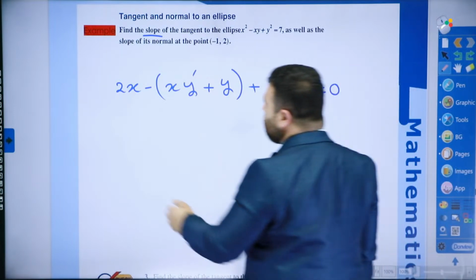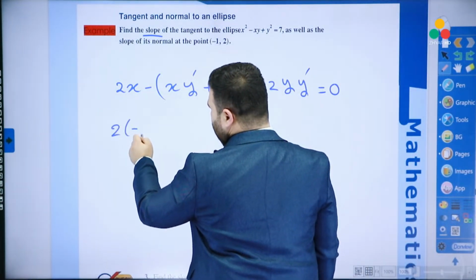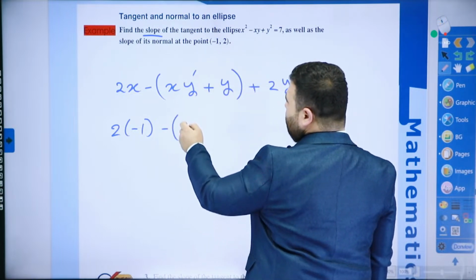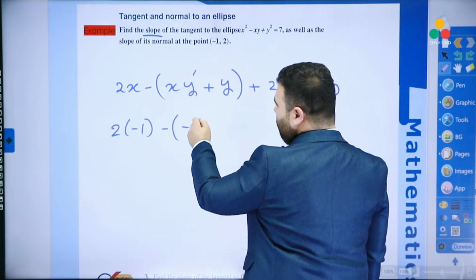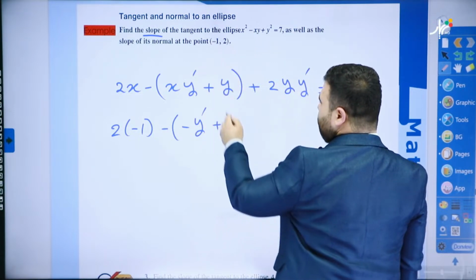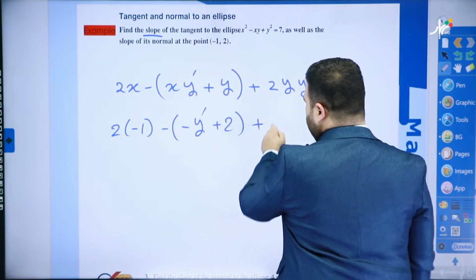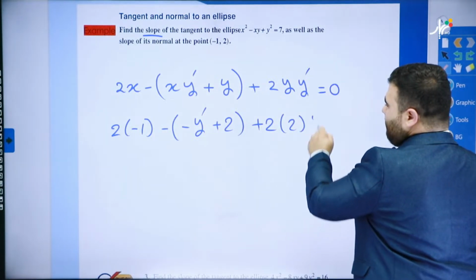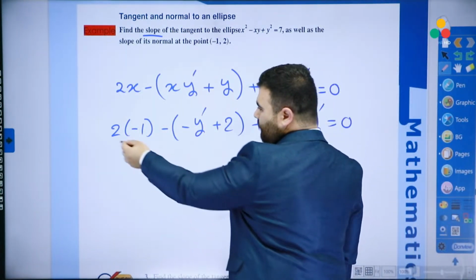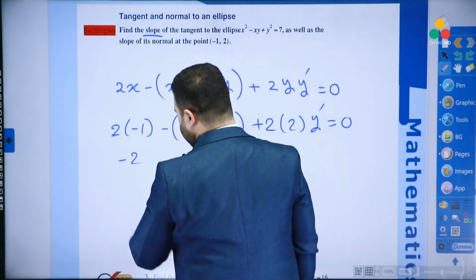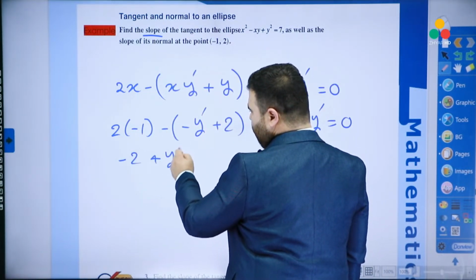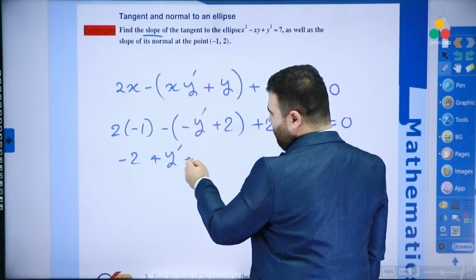2 times negative 1, minus x is negative 1 times y prime, it will be negative y prime, plus y is 2, plus 2 times y prime equals 0. Simplify this. 2 times negative 1 is negative 2. Negative times negative is plus y prime. Negative times positive is minus 2.